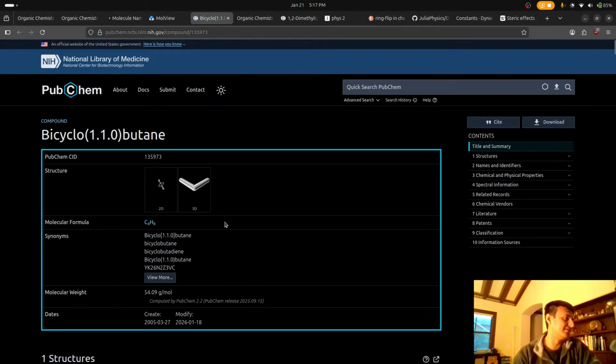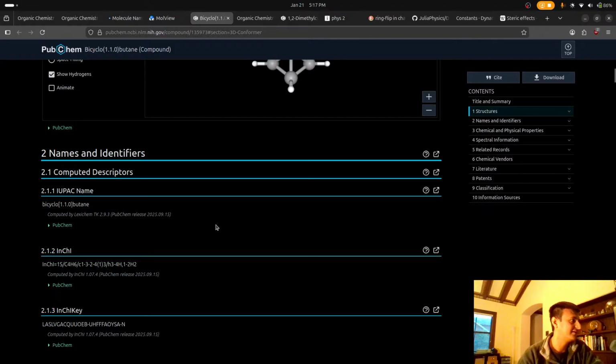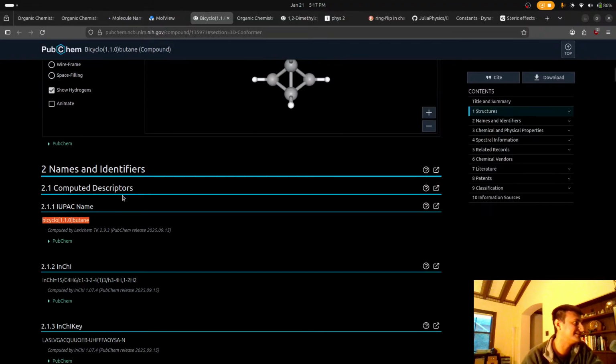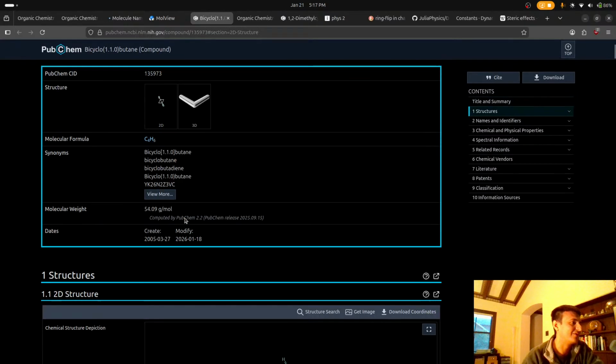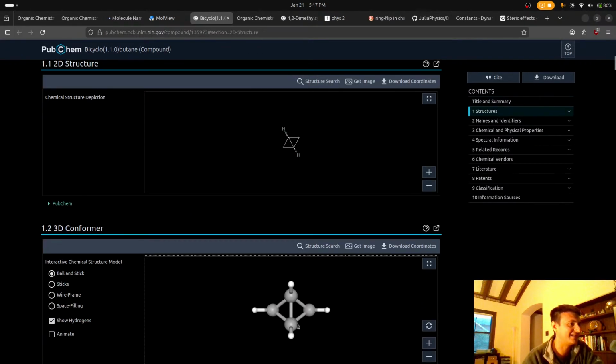Bicyclobutane? That's a dumb name. What's the IUPAC? Really? Bicyclo 1.1.0 butane? Bro, that's kind of insane of a name. That's a very cool molecule.